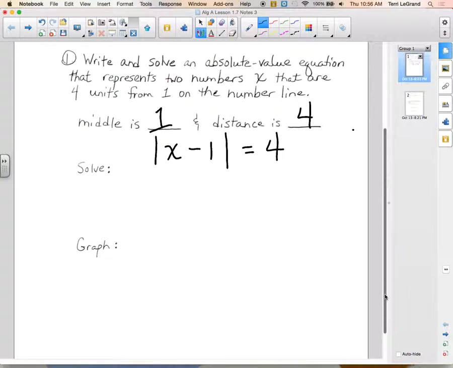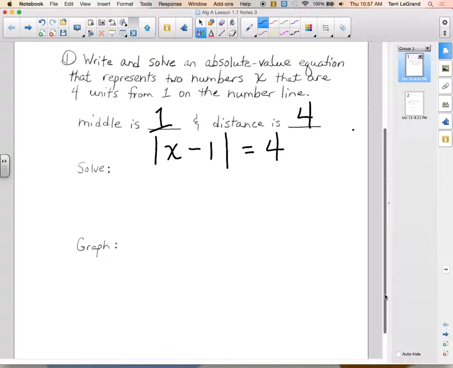So let's solve that now. Do we know how to solve absolute value equations? So how do we solve this? What would we do? If we know how, what do we do? We've been doing it for days now. Julia? Not yet. I can't add 1 to both sides yet because I haven't gotten rid of the absolute value bars. Rewrite it.